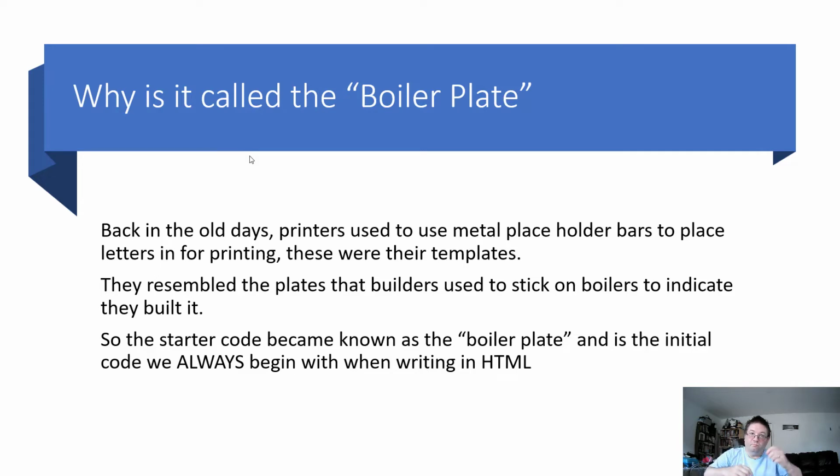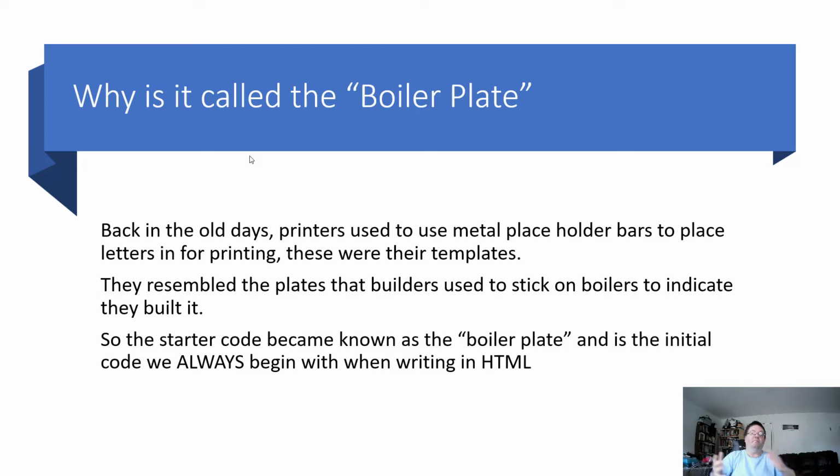Remember the old letters they put in, before my time and probably before your time? They put these letters in, put ink over the top, and then voila, they would have print on the page, and it became a template because they could do literally hundreds of copies of this using the printing press.